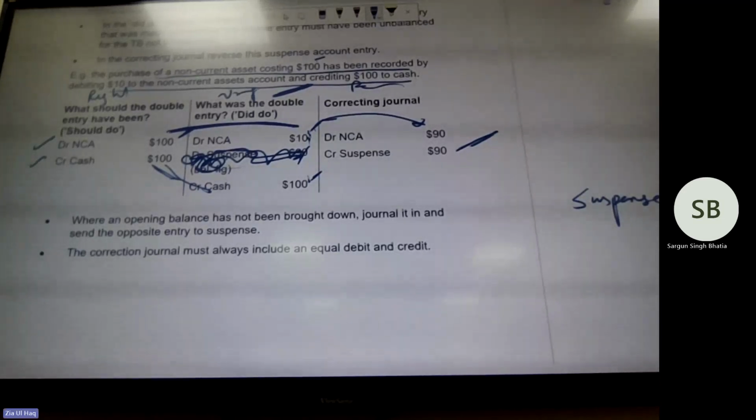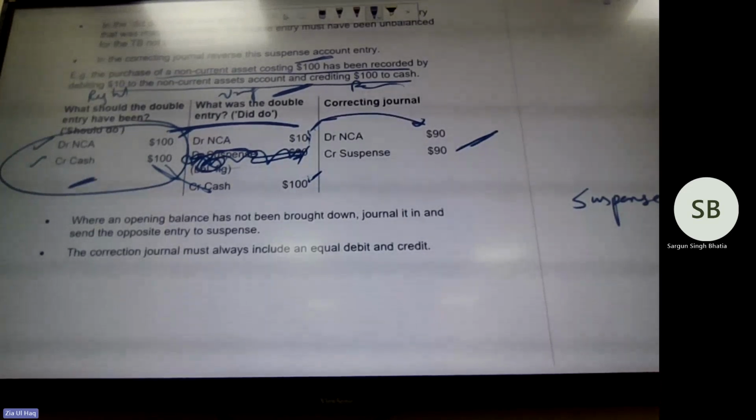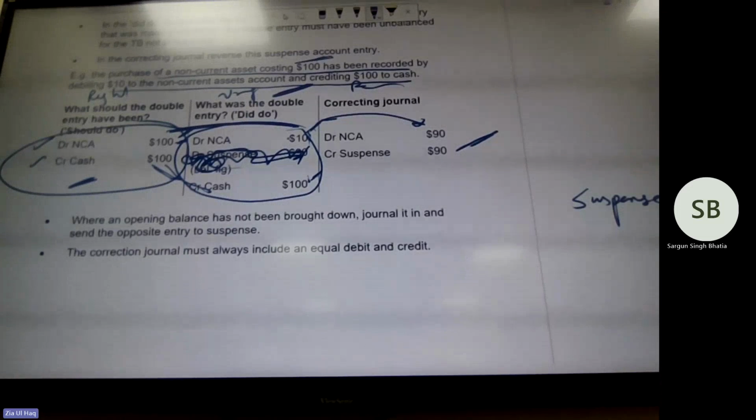So if you have bought an asset of 100 with cash, the correct entry should have been asset debit, cash credit. But instead of this, you have recorded asset debit with 10 and cash credit with 100. This is the wrong entry. How can we correct it? What is wrong in this entry? Only the non-current asset amount is recorded 90 less.